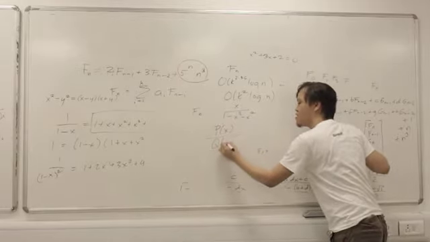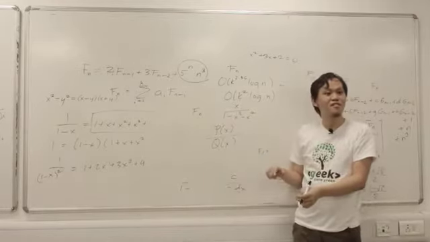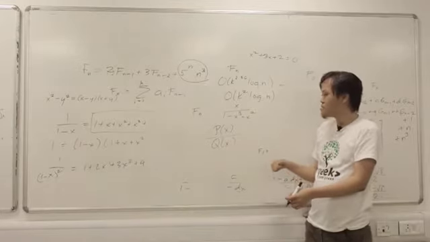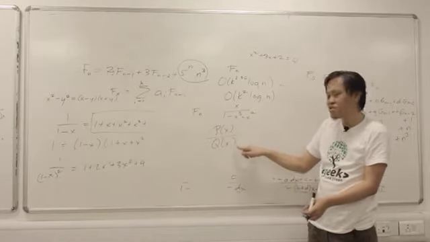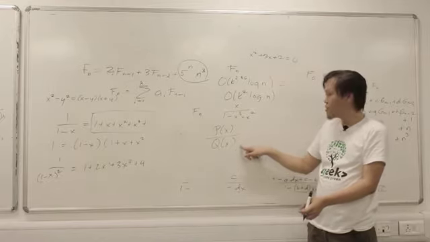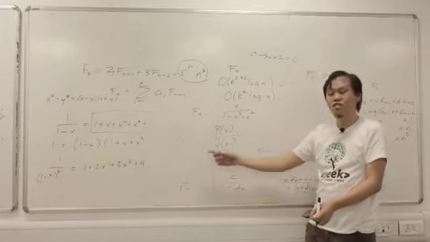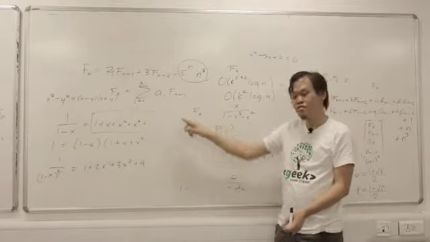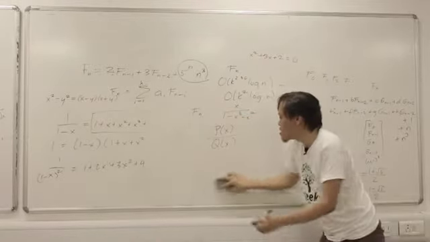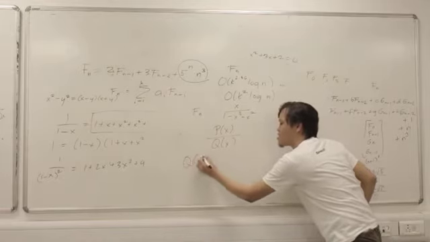Some polynomial over some polynomial. And this polynomial has a smaller degree than this one. And furthermore, q of x actually reflects the coefficients of this recurrence. So, q of x actually looks like this.